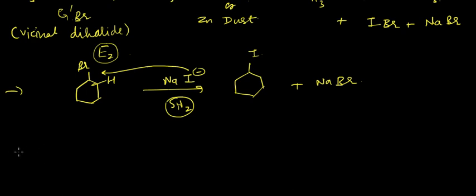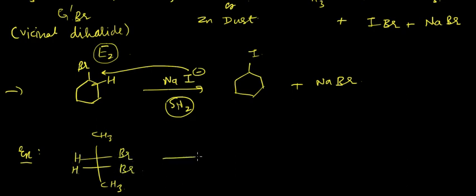Then we have another example in this concept only. Suppose we have something like this, CH3 and 2 Br are here, and we have hydrogen here. So what actually happens in this case is we again react with NaI in acetone. So what would be the product formed would be something like this. How?